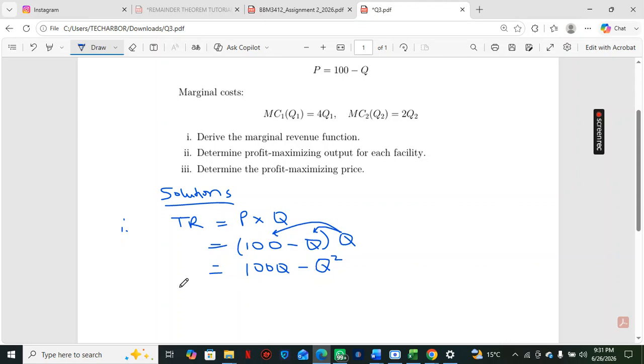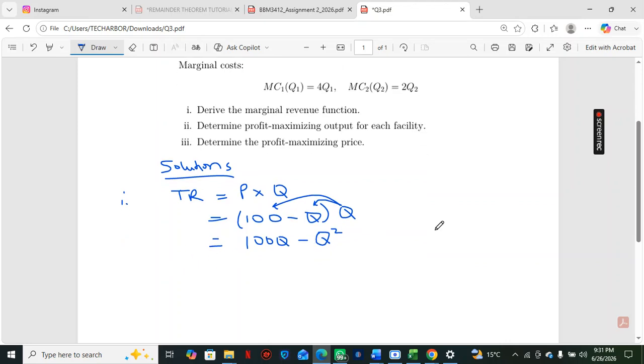Right. So the marginal revenue is the derivative of the total revenue. Okay. So marginal revenue, MR, is the derivative of the total revenue. So you're going to differentiate the total revenue function with respect to Q. I believe we all remember differentiation.